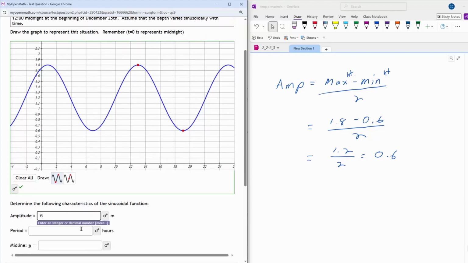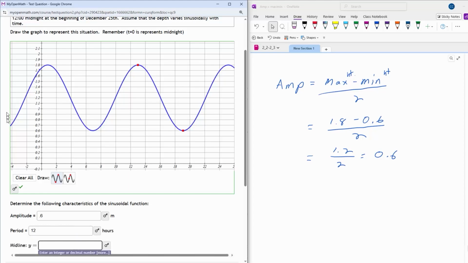And then the period, what does the period appear to be? The period would be the distance between the maximum heights or the distance between the minimum heights, either way. So that appears to be from about 1 in the morning, 1 a.m. to 1 p.m., which would be 12 hours.